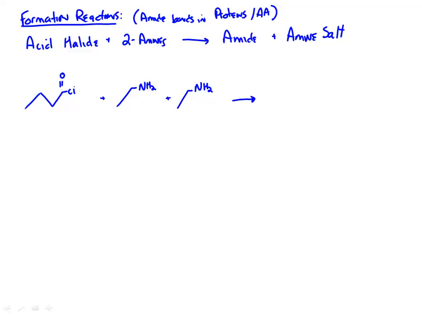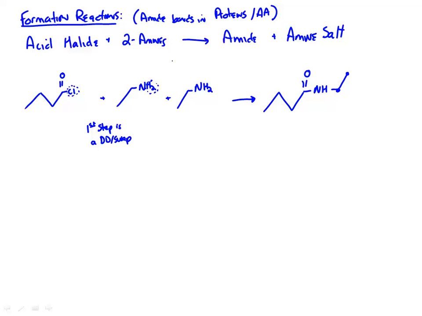So the first step, what really occurs is that chlorine and one of the hydrogens swap places. So the first step is a double displacement or swap. And so what that results in is your amide, like that.